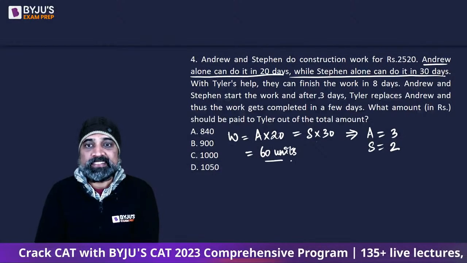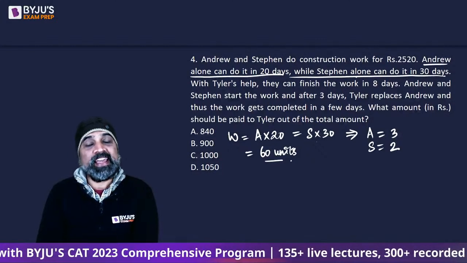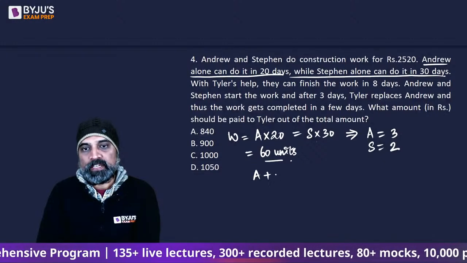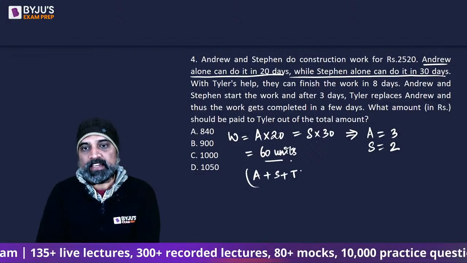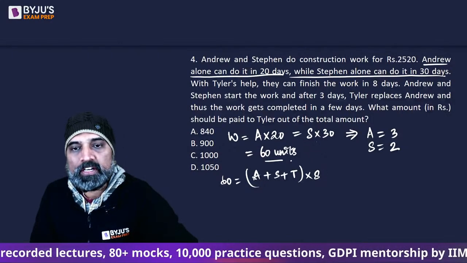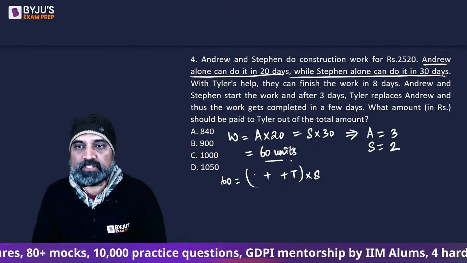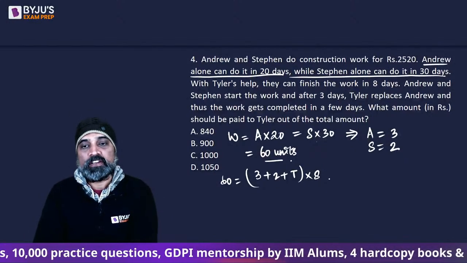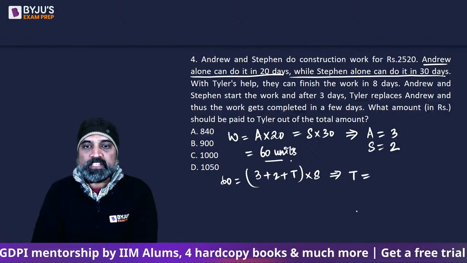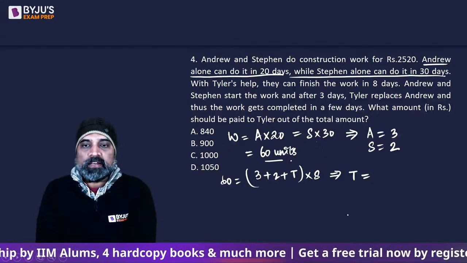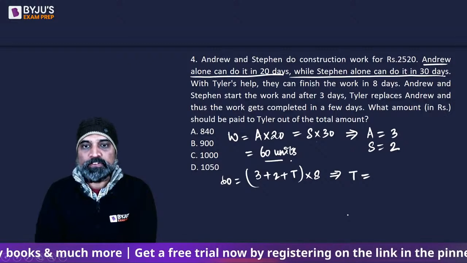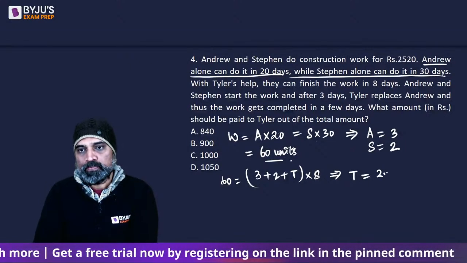Now, with Tyler's help, they can finish the work in 8 days. So Andrew plus Stephen plus Tyler can finish the work, which is 60 units, in 8 days. If we replace Andrew and Stephen with their respective efficiencies, we will be able to get the value of Tyler, which is 60 by 8, 7.5, minus 5, which is 2.5.